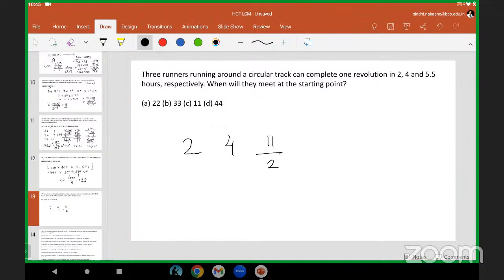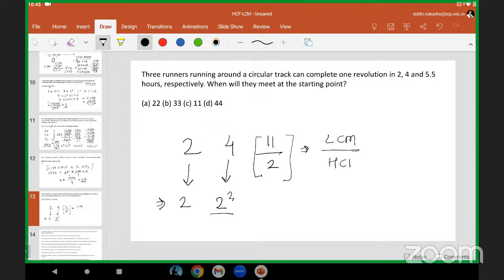So we have to find the LCM of all these numbers. Let's start with this. This will be 2. This will be 2 square. Now whenever we find the LCM of fractions, what do we have to do? We have to take the LCM of the numerators and the HCF of the denominators.